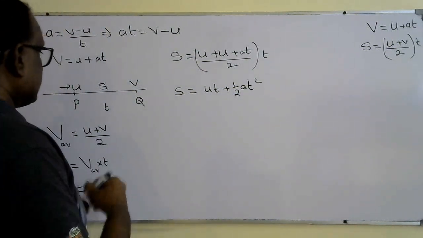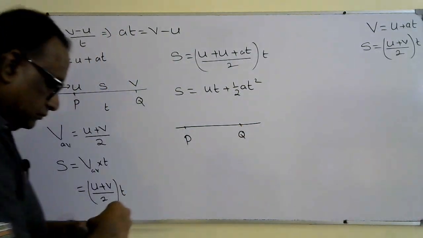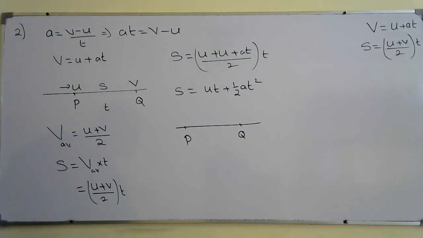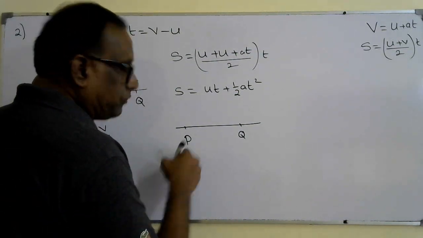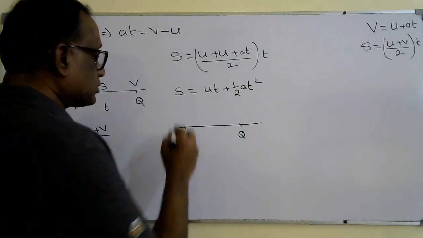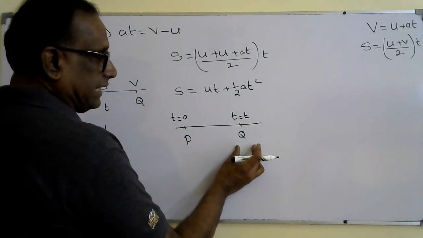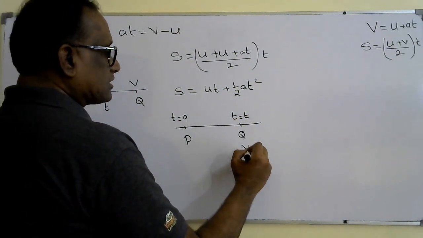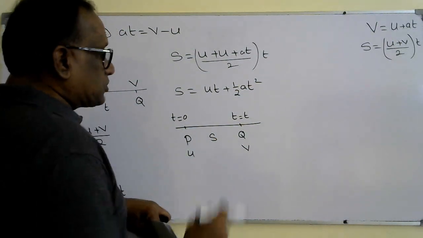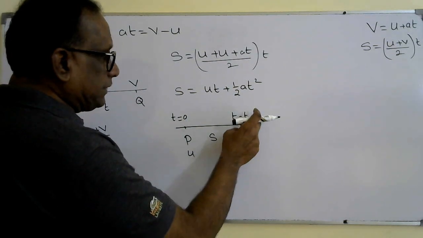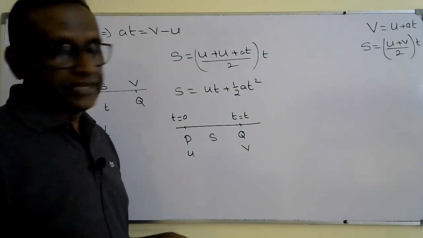If I consider the portion from point P to Q, at point P we start the measurement of time, so t equals 0. At Q the time is t, later. The velocity here is v, the velocity at P is u, the displacement is s, and the time duration is t. So the displacement during the time t from P to Q is given by s equals ut plus half at squared.